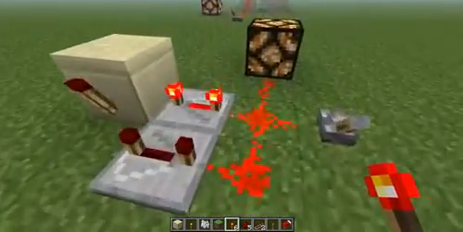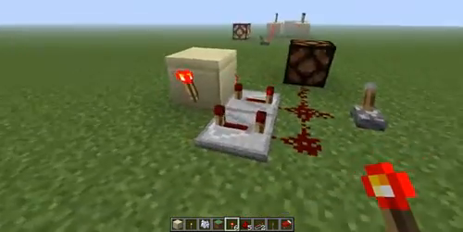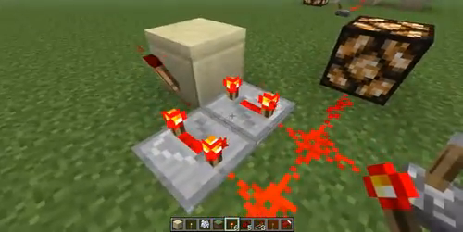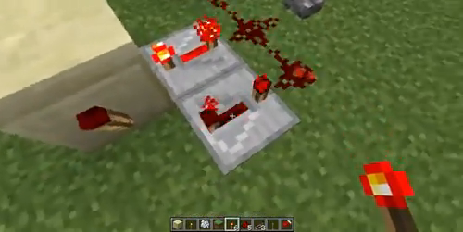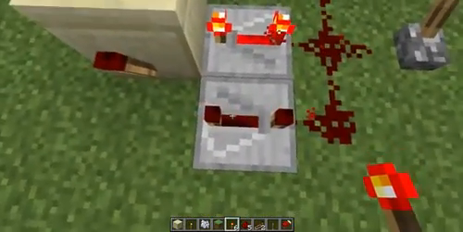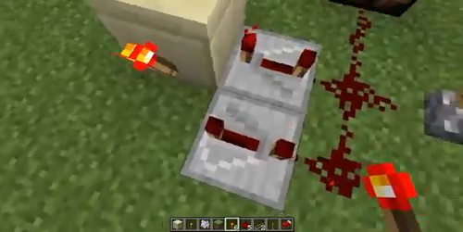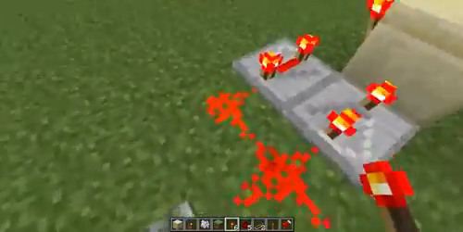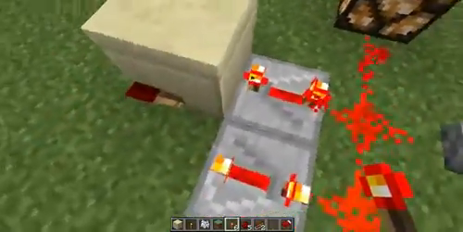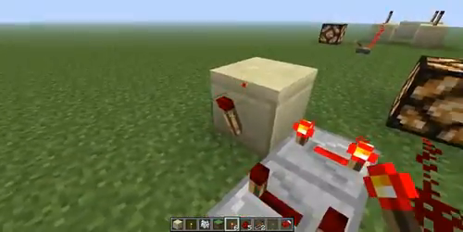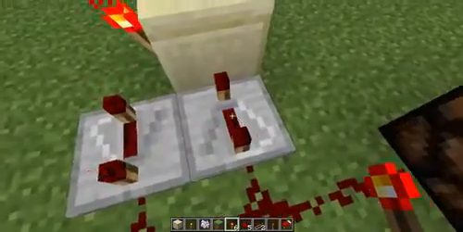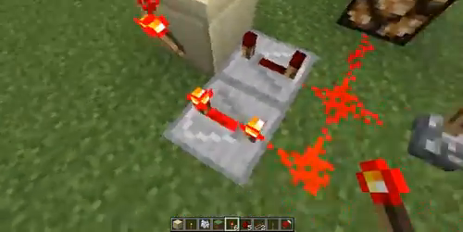This is the next type of clock we're taking a look at. It's really simple, made with redstone repeaters. This repeater powers this redstone, powers this repeater, and this repeater turns off the torch, and then this turns off, this turns off, this turns off, and this turns on.